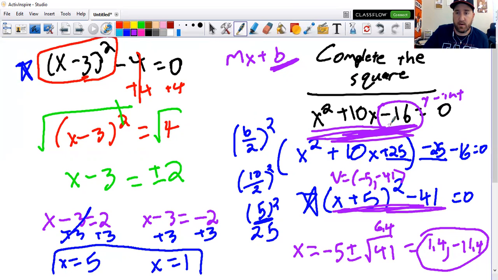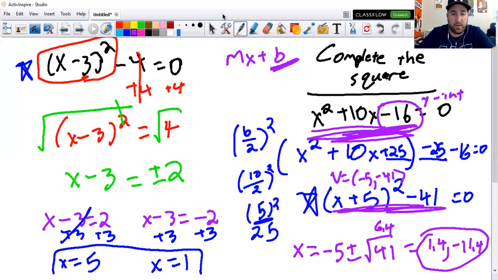Really all you need to know is the vertex and if the graph is going up or down to draw a rough sketch. Each additional point you get, so the y-intercept, then our x-intercepts, lets us be a little more precise with our graph.